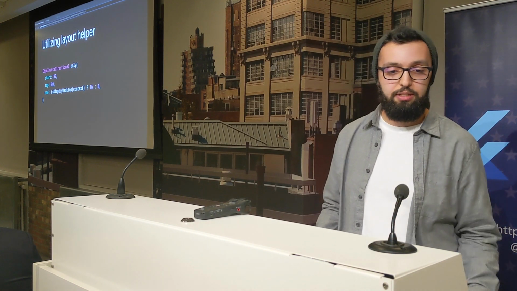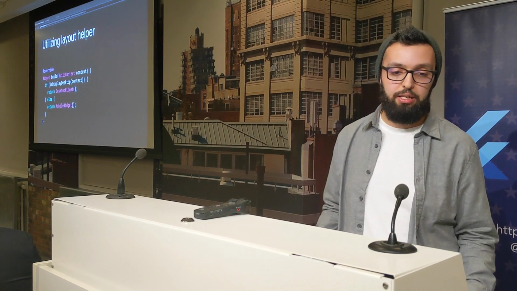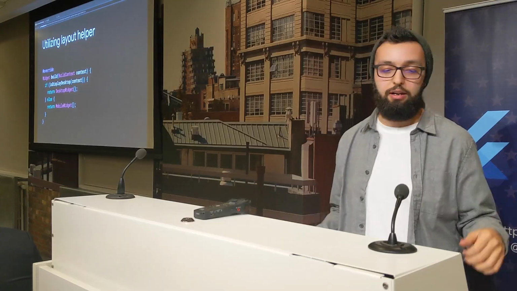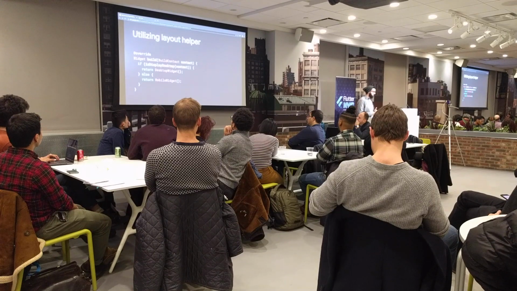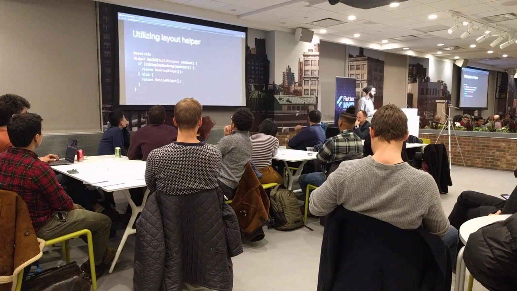The more common case, which we found, was returning entirely different widget hierarchies depending on if it was a desktop display or a mobile display. We found that this was useful all throughout the application. For example, the login screen of the Shrine study uses a different layout for desktop versus mobile.